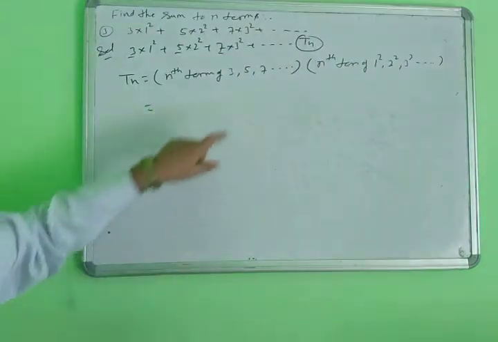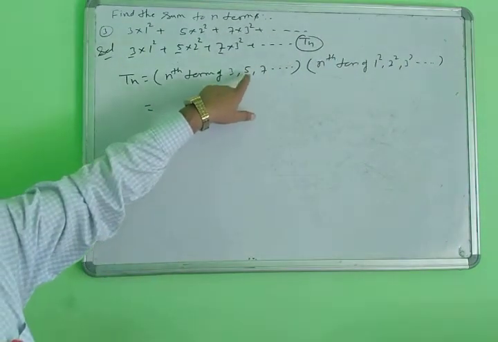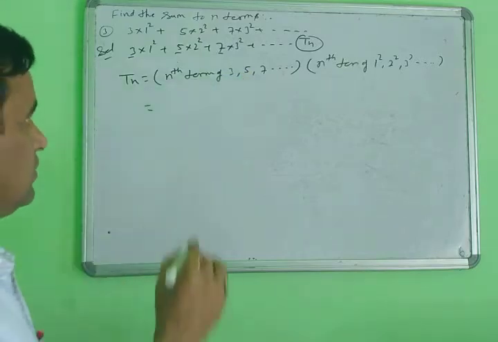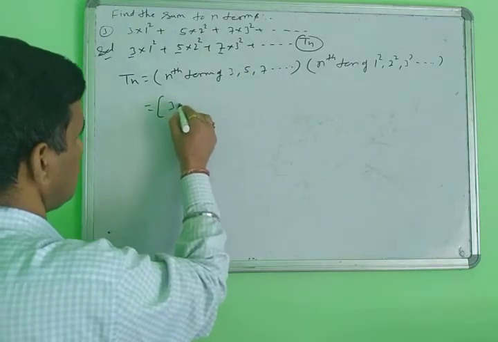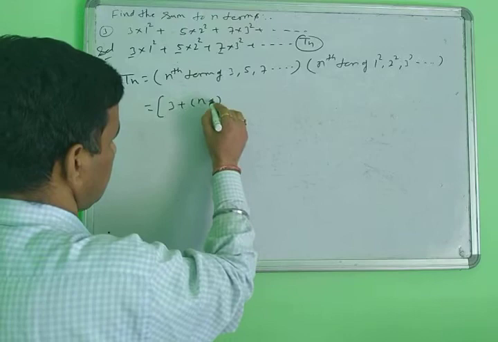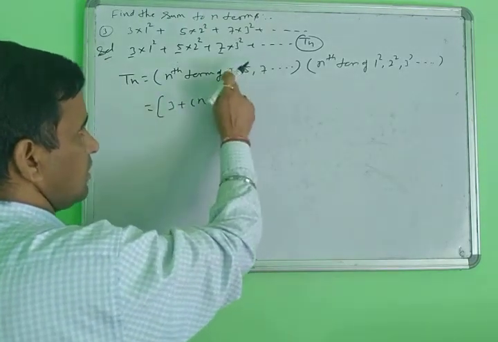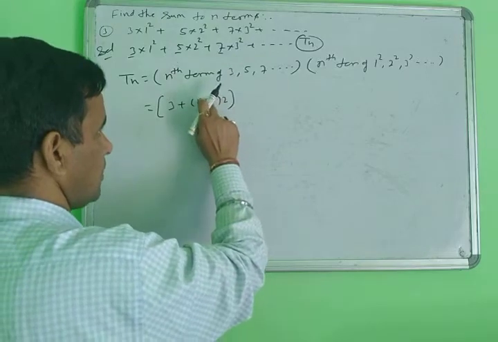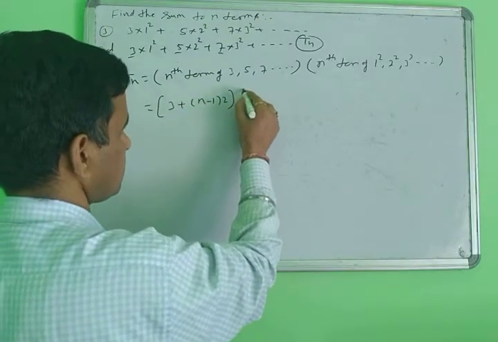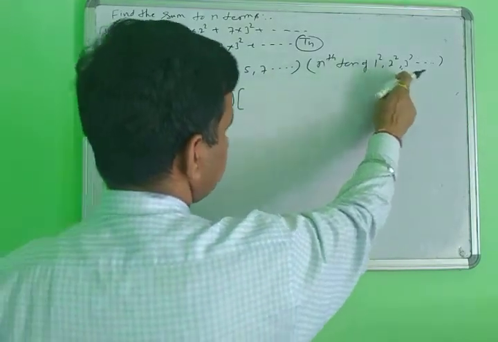You will check here: the first term here is 3 and the common difference here is 2. Then you can write here 3 plus (n minus 1) times 2. First term 3 and common difference 2.